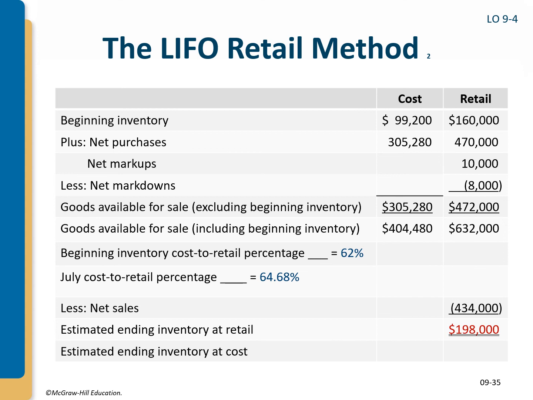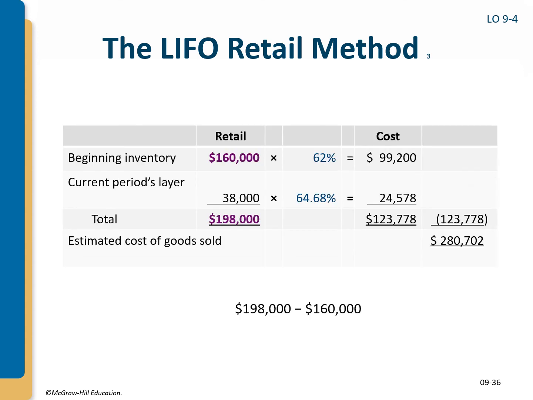But how do we determine the cost? Before we just multiplied it by a percentage. Nope. Here's what we do. We say the retail value of beginning inventory was $160,000. So the first $160,000 of our ending inventory at retail is really from beginning inventory. Remember, isn't that what LIFO is all about?